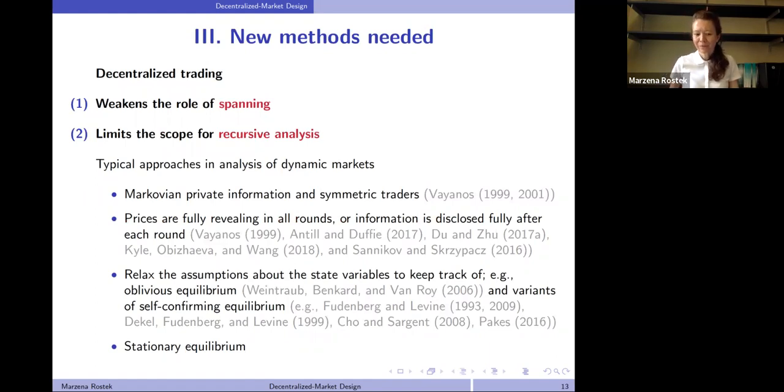Right, to begin, it weakens the role of spanning and theorems which rely on it. Spanning is the foundation for asset pricing, the way we teach it, the way we apply it.